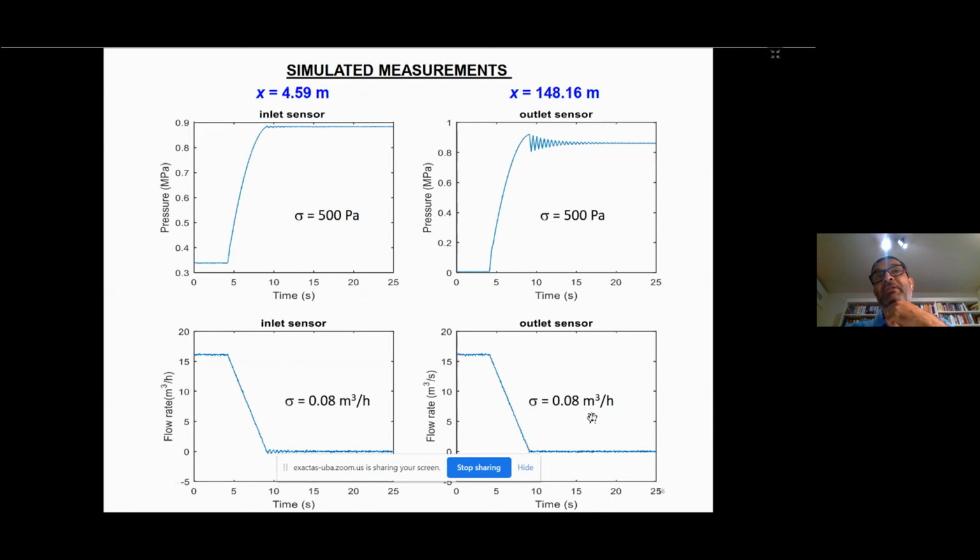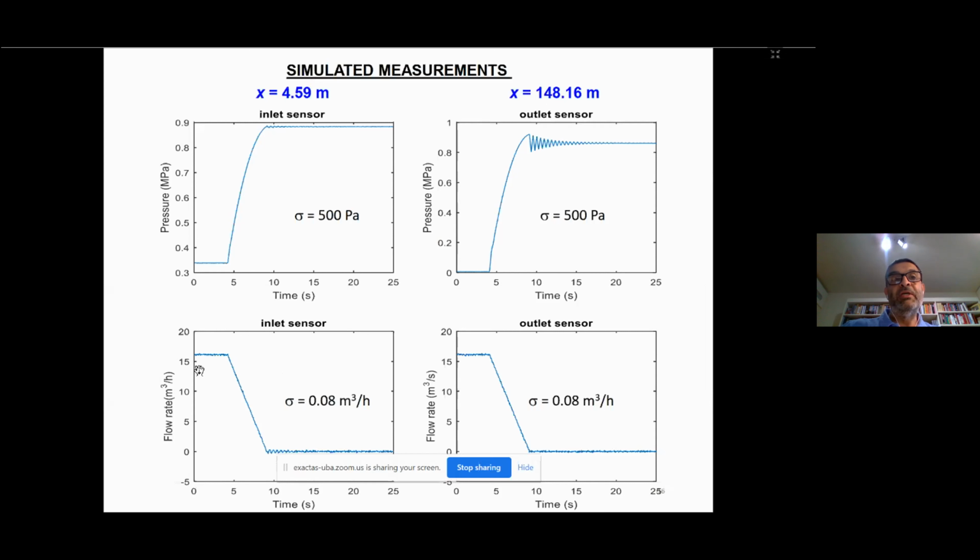So we have these simulated measurements at the inlet of the circuit at the position of 4.59 meters, and these simulated measurements at the outlet of the circuit at the position of 148 meters.